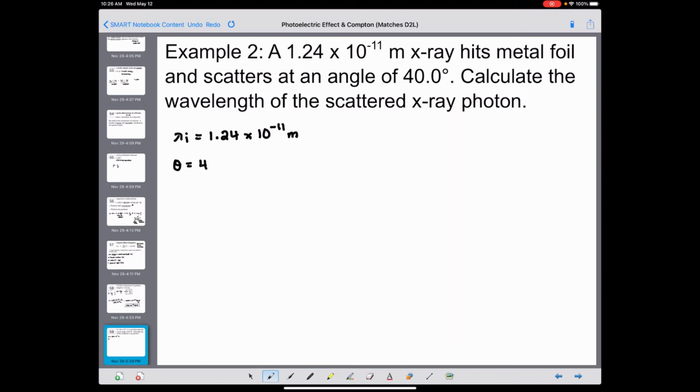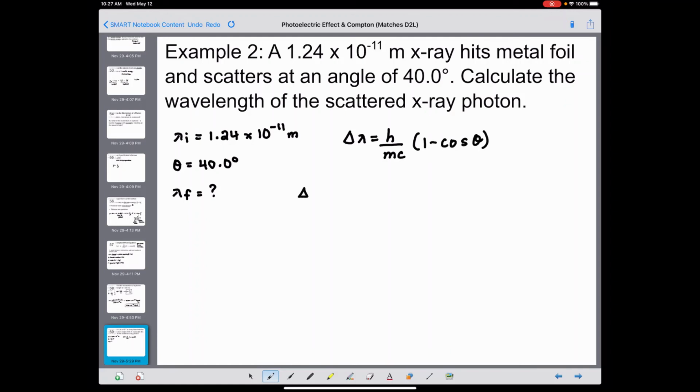The angle is 40, and we're looking for the wavelength of the scattered photon, which means the wavelength after the collision happens. So we can use our change in wavelength formula. So change in wavelength is H over MC times 1 minus cos of the angle.